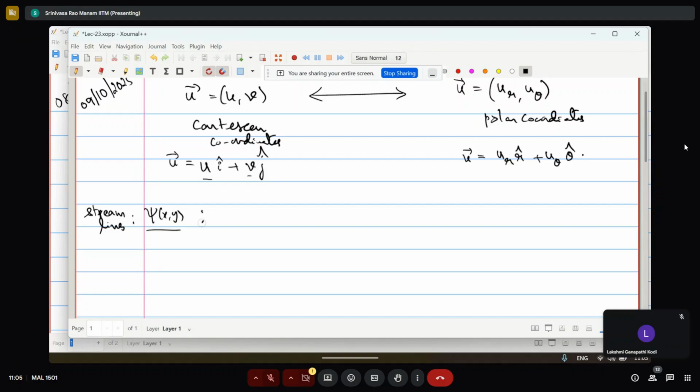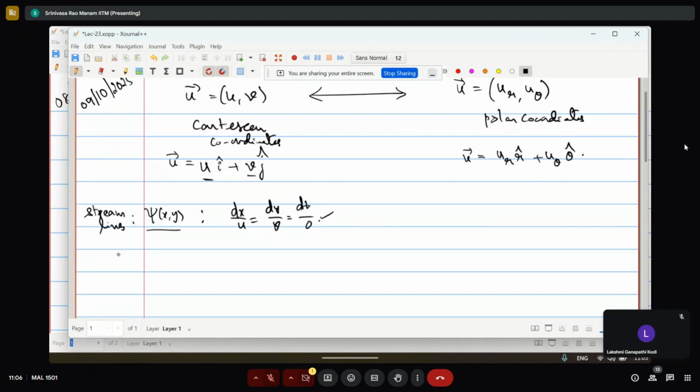You solve dx by u equal to dy by v. Of course, you can always include dz by 0. You know what u, v are. If you know them as Cartesian functions, u of x, y and v of x, y, you solve these simultaneous ODEs and get your psi of x, y.